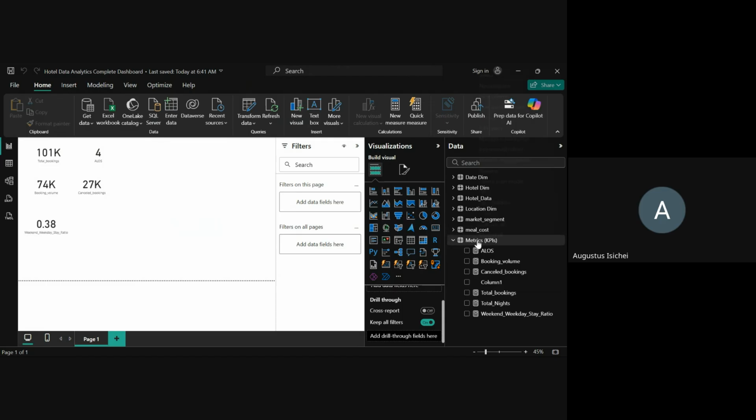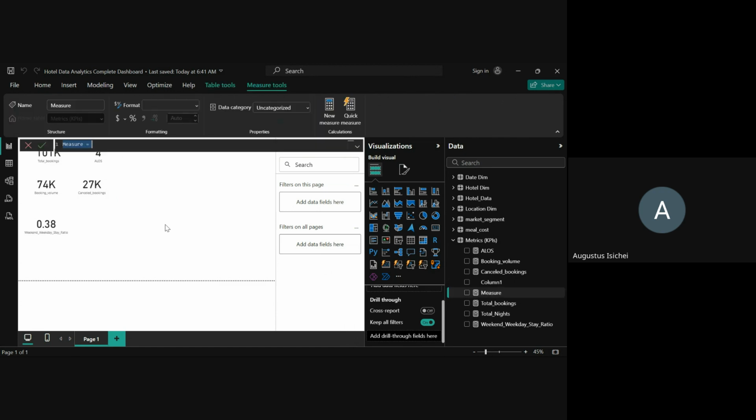Right click here, new measure. We were going to call it average daily rate, but let's first calculate total revenue before we go ahead and calculate the average daily rate.